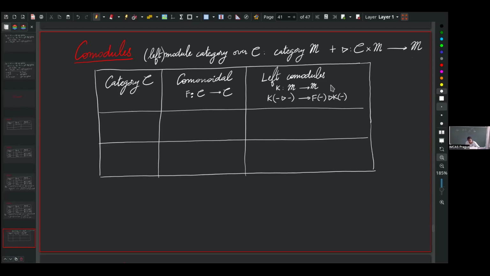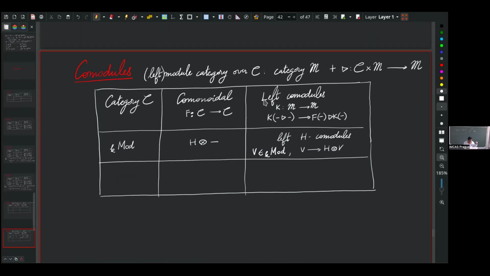A left comodule over the functor F is then a functor on that category M, together with a natural transformation, which is compatible with the comonoidal structure on F. So that's all I will say about the categorical definition of comodules.